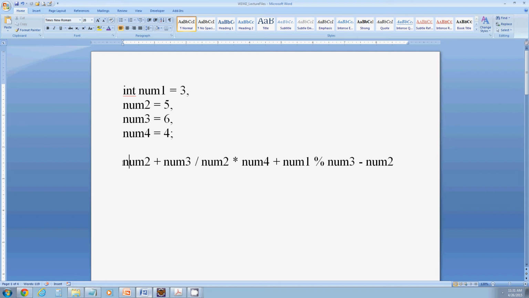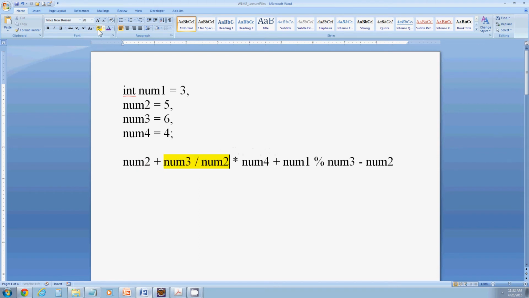So the first precedence is parentheses. So we start from left to right, scan, scan, scan. We don't find any. We reach the end. So now we go back to the beginning, looking at the next precedence down, which is multiplication, division, and remainder. Remember, all 3 of those operators have the same precedence. So we scan from left to right until we find one. And here we found one.